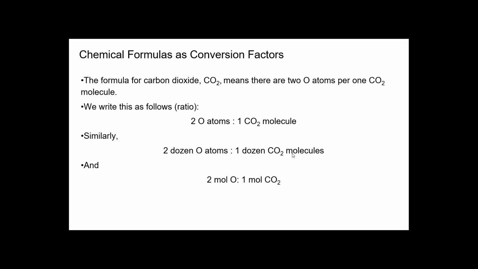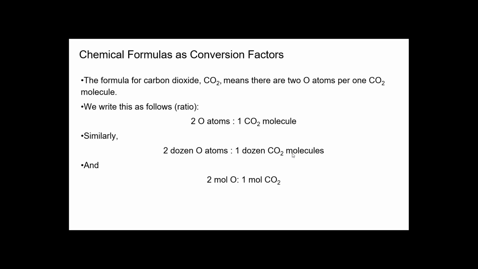Similarly, if we multiply this out, we can say 2 dozen oxygen atoms equals 1 dozen CO2 molecules. As long as you keep the ratio equal to 2 oxygen atoms for 1 molecule, you can use a dozen, which I don't really feel is a good analogy, but let's jump to moles.